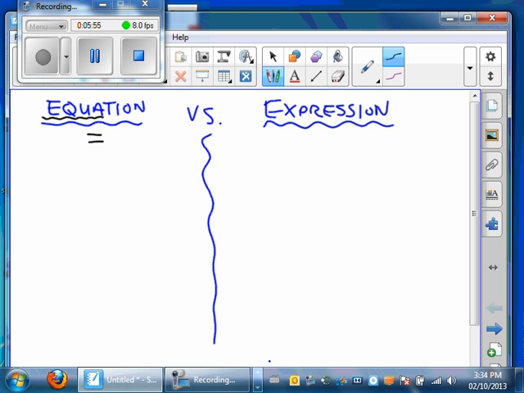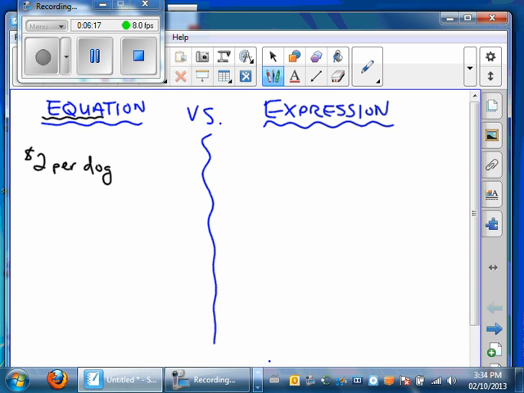Now let's take a look at an example to kind of explain how this works. Let's take for example a hot dog sale. You wanted to sell hot dogs to raise some money, and you decided that you were going to charge $2 per hot dog.